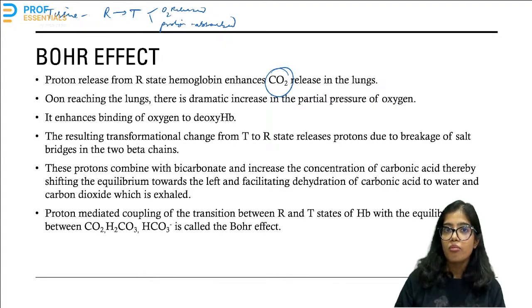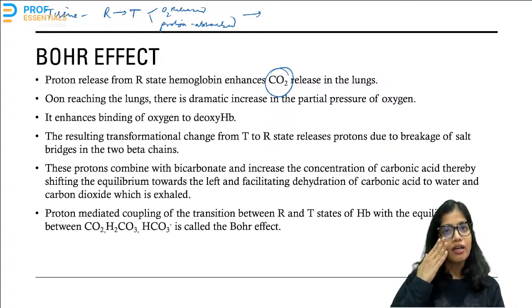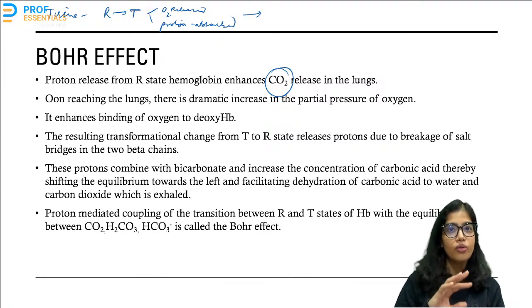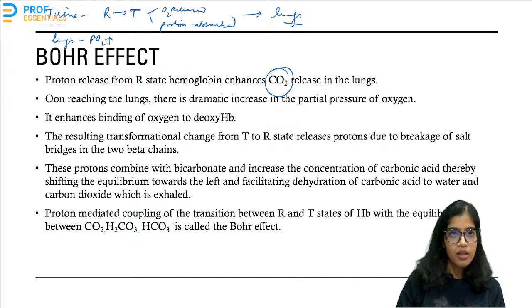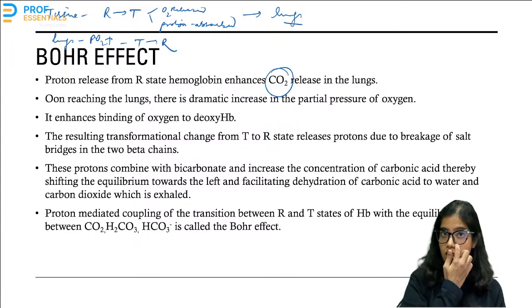Protons are absorbed. Now this absorption of proton will shift the equilibrium towards the right and a lot of carbon dioxide is going to get absorbed and taken to the lungs. Now at the level of lungs, the partial pressure of oxygen is very high. Therefore, T forms will get converted to R forms because of oxygenation.